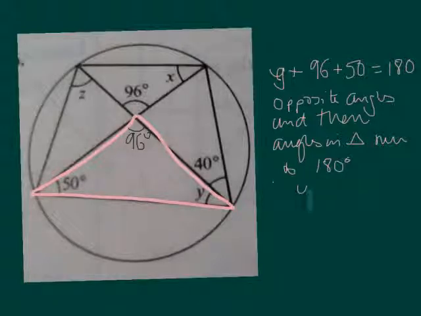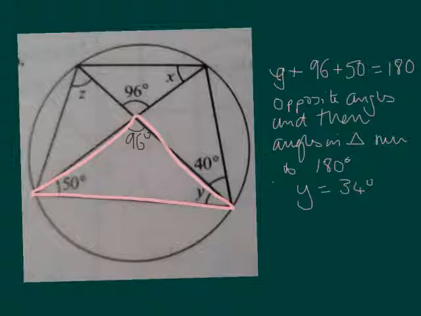Therefore, y equals, let me just work that out. I have to do 180, subtract the 96, subtract the 50, equals 34. 34 degrees. Okay, I'm not there yet. I've now got to find out what angle x is.